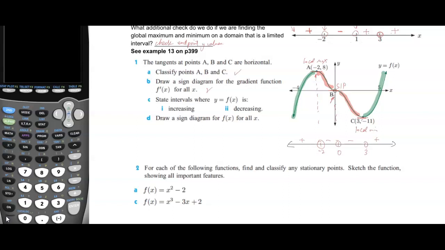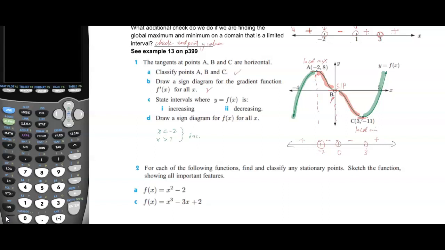State the intervals where y equals f of x is increasing and decreasing. Okay, so increasing, I'm going to write that in green. I would say below -2, and above x equals 3, increasing.